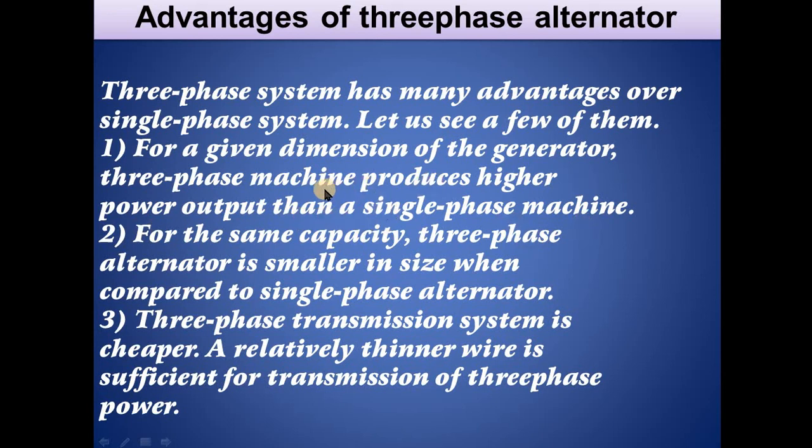Second, for the same capacity, a three-phase alternator is smaller in size when compared to a single-phase alternator. The third advantage is that the three-phase transmission system is cheaper. A relatively thinner wire is sufficient for transmission of three-phase power.